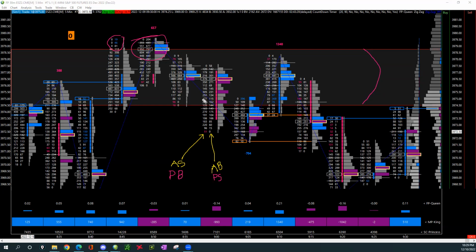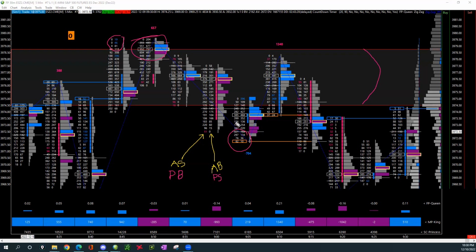It comes back, and you see a lot of sellers got trapped again. A lot of sellers got absorbed by the passive buyers.